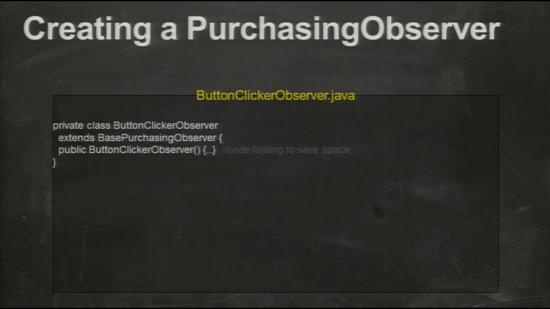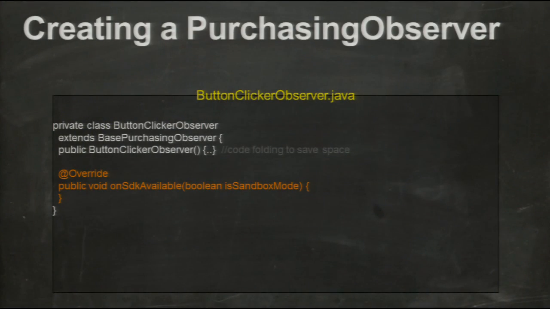Okay, I'm just going to do some code folding so that we can save some space on the screen and you can see how we can actually do something interesting with this now. There's a method that we can override, onSDKAvailable, and it gets a Boolean, isSandboxMode. We can talk at the end a little bit about what sandbox mode is.